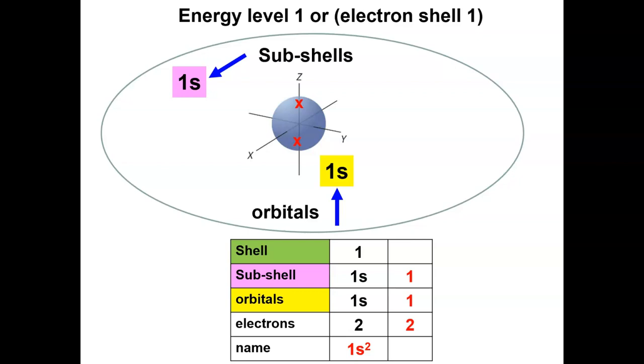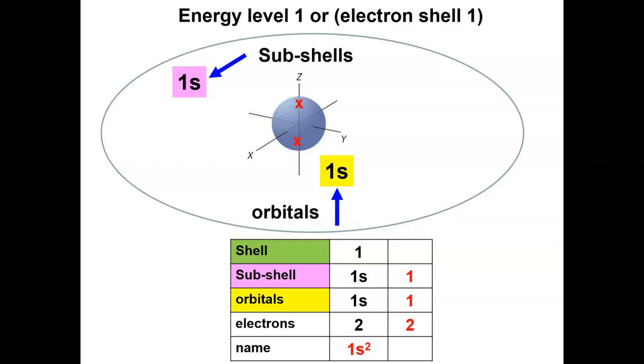So at the bottom of the table, we designate this 1s2, where 1 is the energy level or shell 1, S is the subshell type, and 2 is the maximum number of electrons it can hold. So hydrogen and helium are 1s1 and 1s2 when the electrons are in place. Shell 1 is now complete.